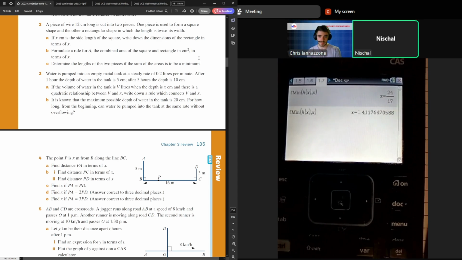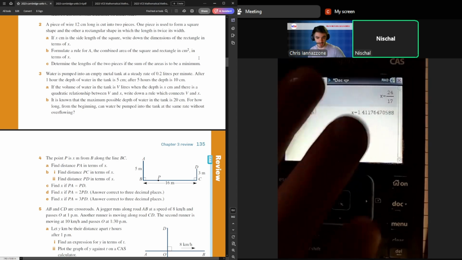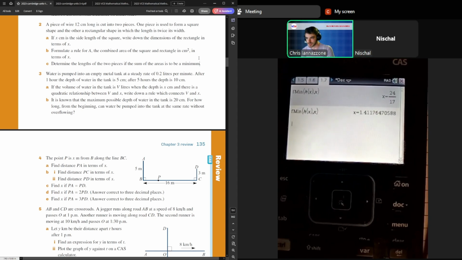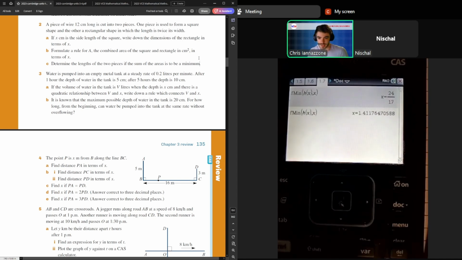Cool. Right. So what we've found is the x value, right? We have our function h of x, which describes the total area, and we've just figured out what x value would cause it to be a minimum. So we have the x. What do you think we can do with that x value now that we have it? Now that we have it, we can use that for the length of the pieces.